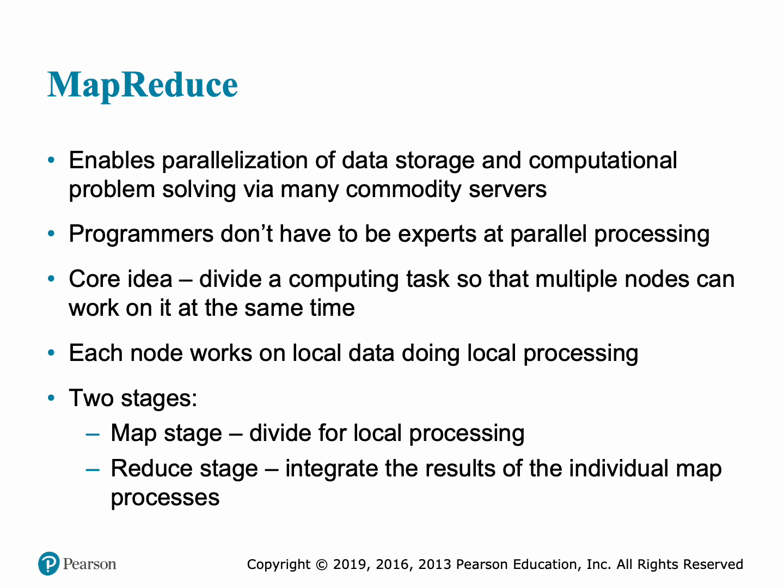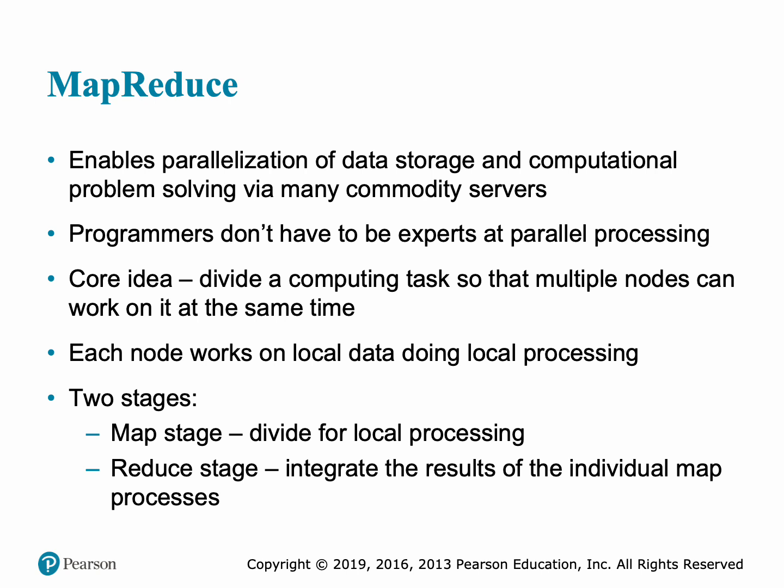MapReduce has been widely adopted in various domains for large-scale data processing tasks, including data analysis, machine learning, and information retrieval. Its simplicity and scalability have made it a cornerstone technology for big data processing, enabling organizations to extract valuable insights from massive datasets. However, MapReduce is not without its limitations.